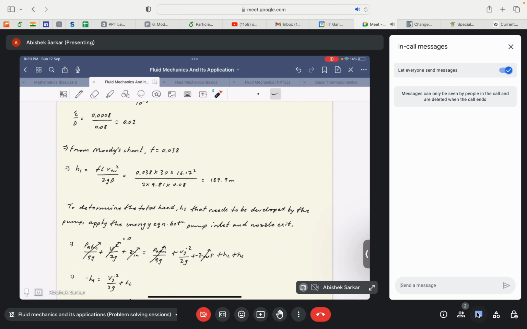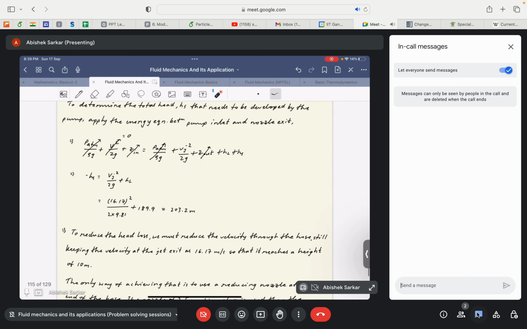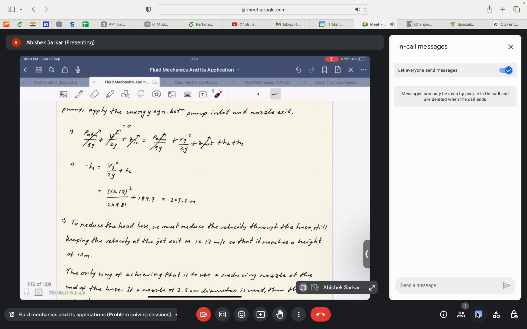So the first task is to reduce the velocity of the fluid in the pipe. But we cannot reduce the velocity at the exit, because we need 16.17 meters per second so that the fluid can reach the height of 10 meters.